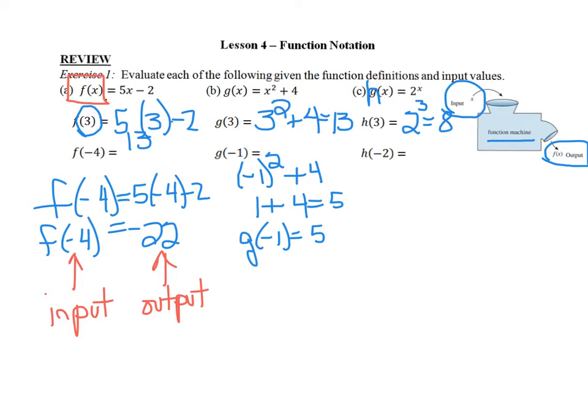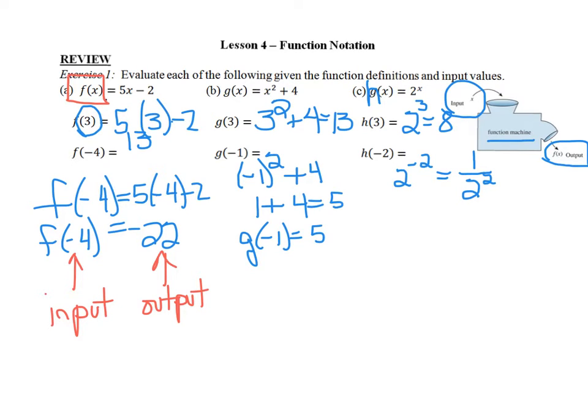Now, be very careful when you've got a negative number being put into an exponent. This would, of course, mean 2 to the negative 2 power. Let's recall back from Algebra 1 that when I have a negative exponent, that means take the reciprocal of the base. So this is the same thing as 1 over 2 to the second power.